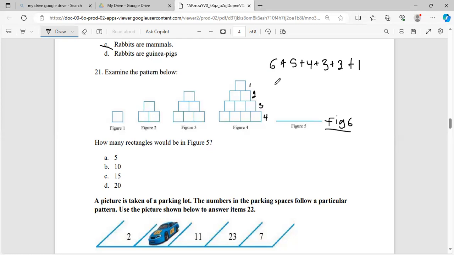Yes, 21, because if you're at 15 and you're going to add the 6, that means it should be 21. Guys, I don't want you to memorize the answer. I want you to know how to get it. Some persons were saying 20. It could not be 20, guys.